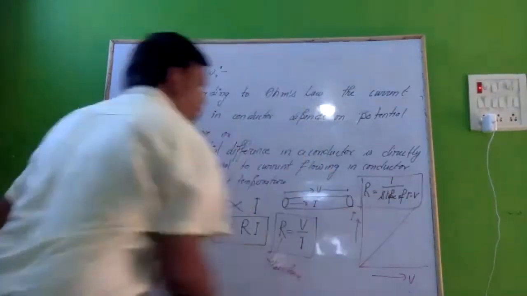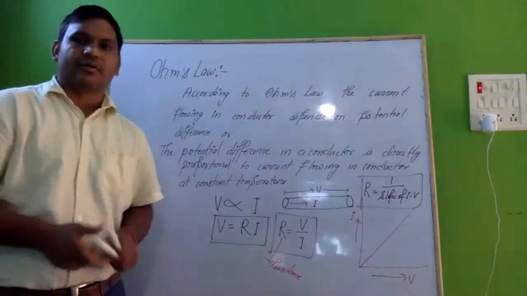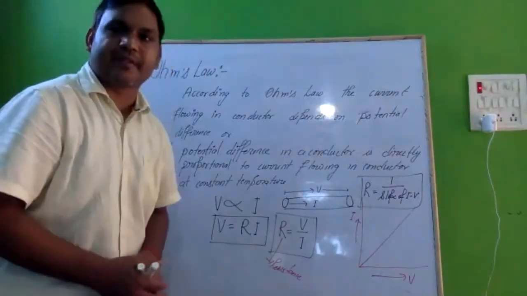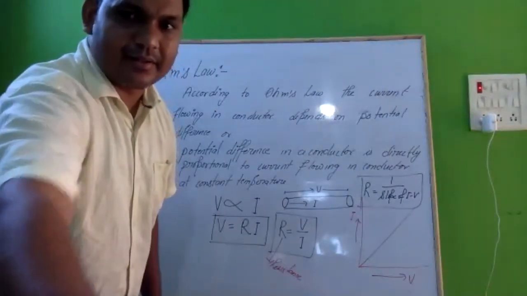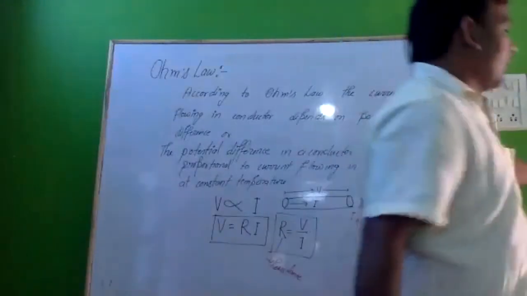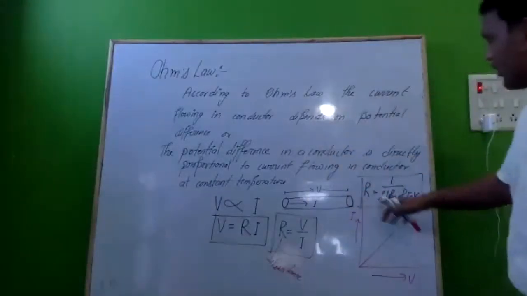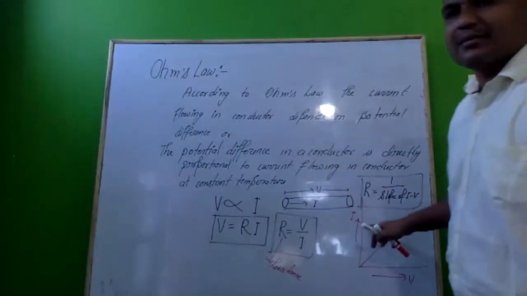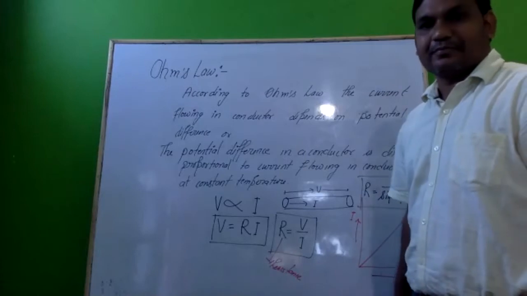You know about the slope? Yes, sir, I know. So 1 by slope will be the resistance of this conductor. Okay?